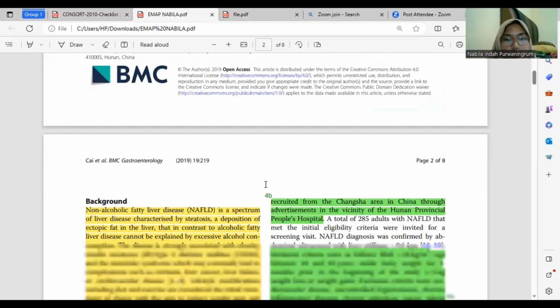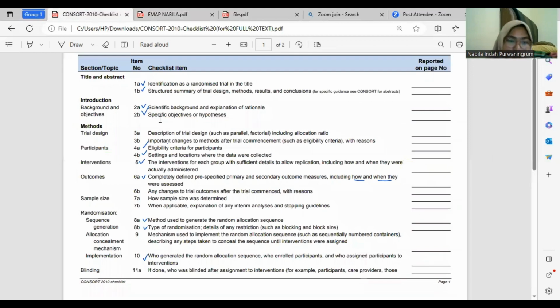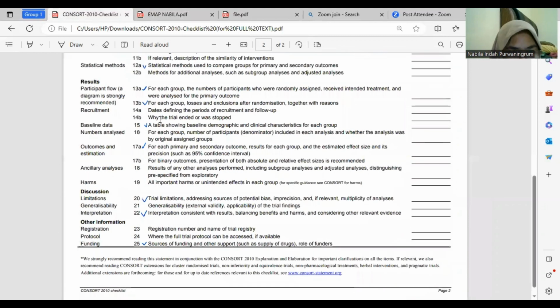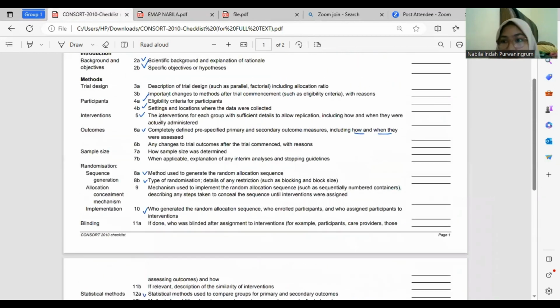Okay, now we move into the CONSORT 2010 checklist. We have a couple of items here. There are items 1a until 25 that we are going to identify.